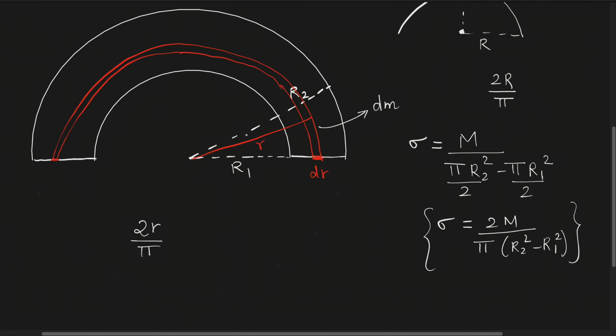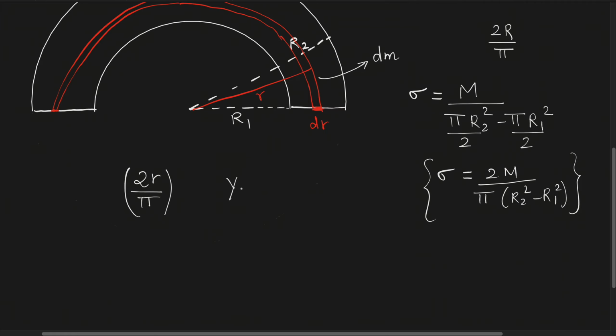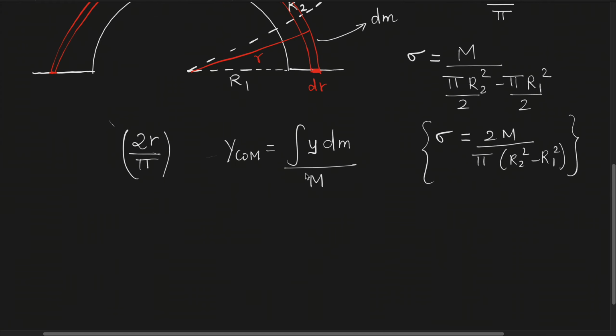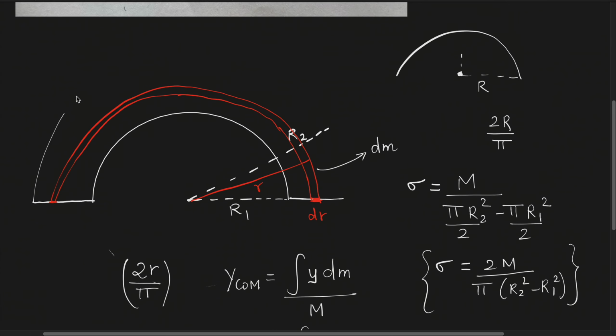So we take this as our coordinate of the center of mass and use the formula ycom is equal to integral y dm divided by capital M. For the ring of width dr, the center of mass is at 2r by pi, divided by capital M.